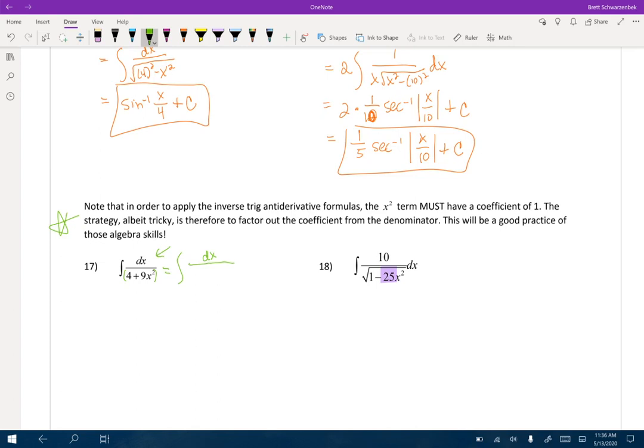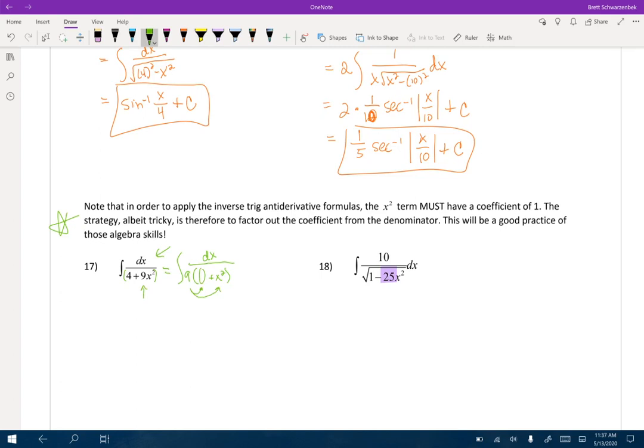So if we take out a 9 out of this denominator, we are going to get plus x squared right here. But what are we going to get over here if we're taking out a 9? So this is not always easy for students to see. So what I say is, instead, if we needed to distribute this 9 to get back to here, then what would this have to be in order for it to become a 4?